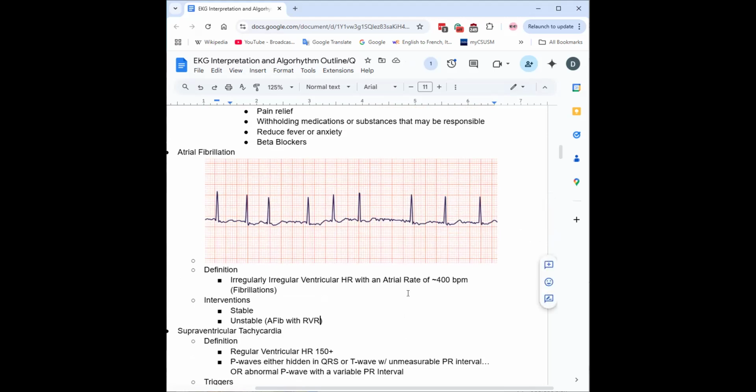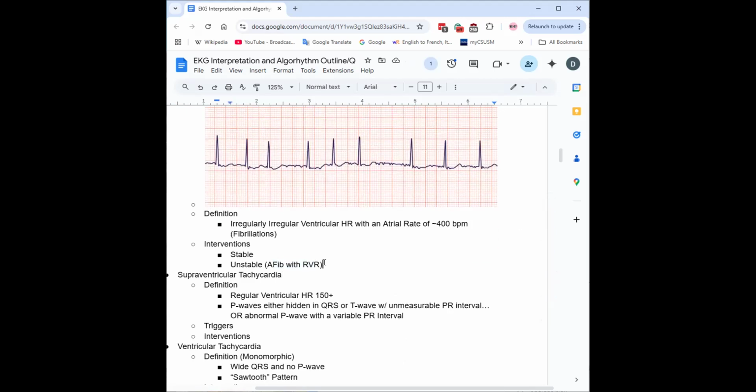So an abnormal heart rate with your AFib would be an unstable AFib, while with a stable AFib, the patient is within a normal ventricular rate, your normal heart rate essentially. So what else can you do with stable?